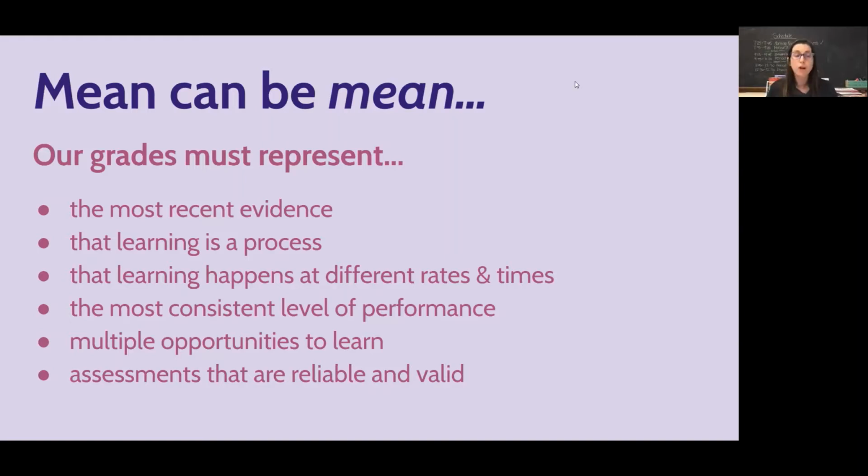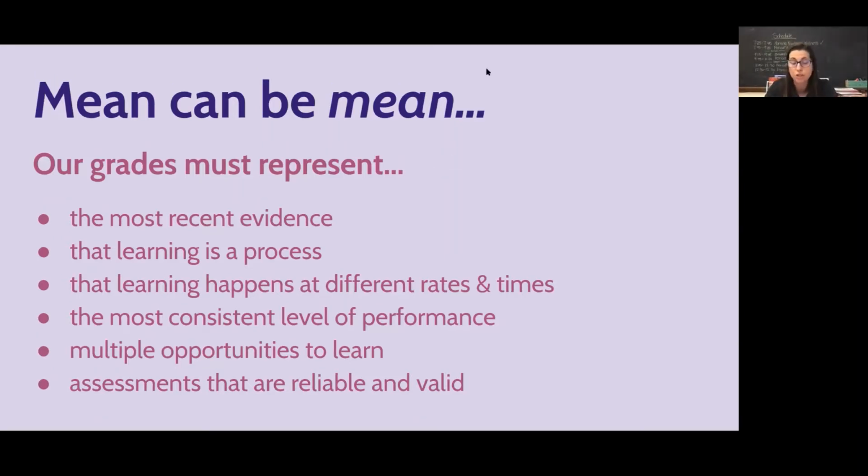Our grades must use the most recent evidence and allow new evidence to replace, not simply be added to, old evidence. Our grades must acknowledge that learning is a process. It's never really over, right? We want our kids to be lifelong learners. And it's about that learning path that they take.